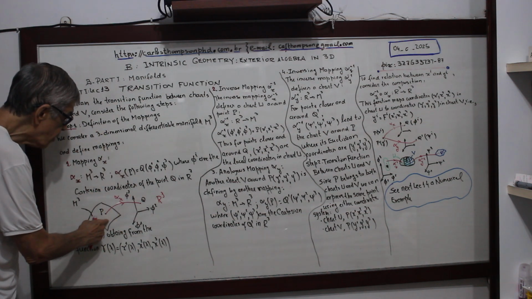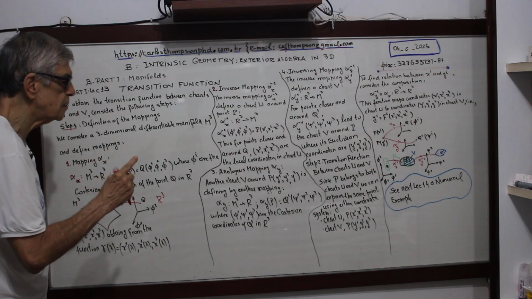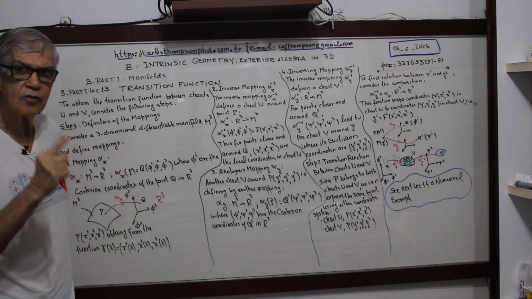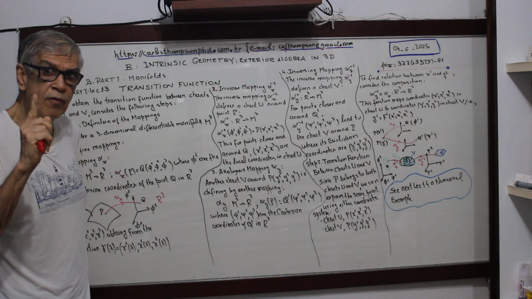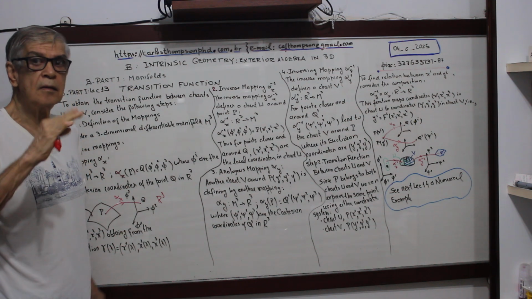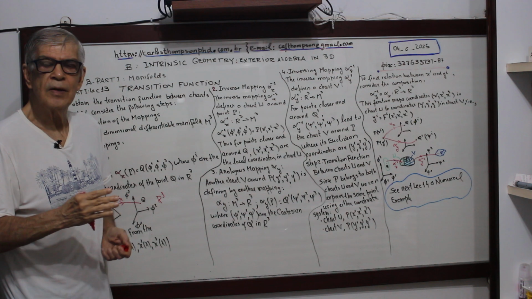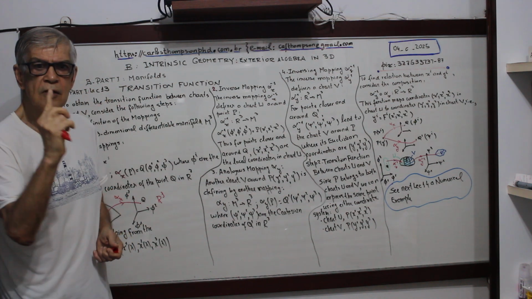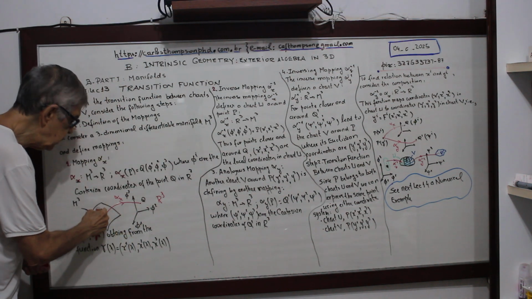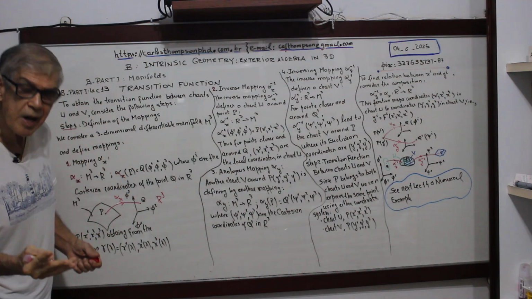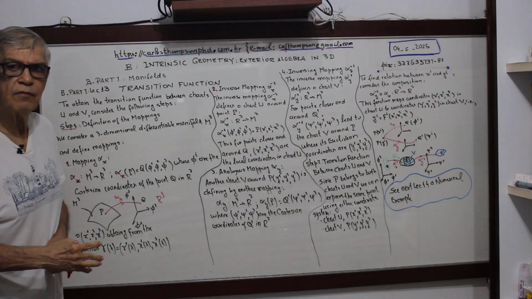Attention now, in the chart U, the coordinates x1, x2, and x3 belong to the manifold. And as I emphasized a lot, these points in the small region around P can be approximated by the tangent vector space.